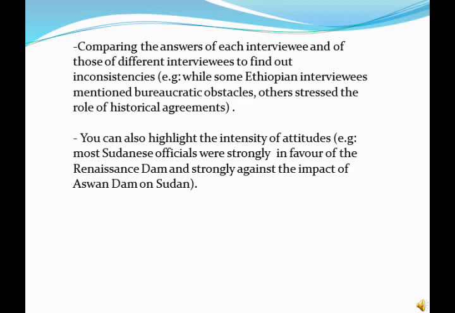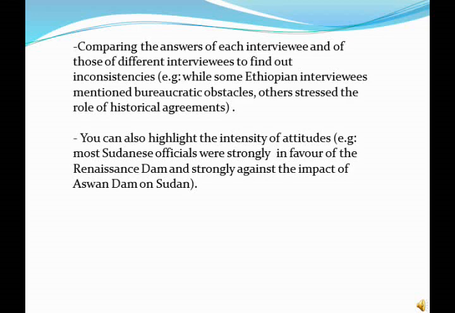So again, if you read my paper, you will find, for instance, that I'm referring to the fact that some Ethiopian officials said that some cooperation initiatives proposed by Egypt were not implemented because of bureaucratic hurdles or obstacles, right? Because bureaucracy takes lots of time and so on and so forth, and that's why the infrastructure development fund, for instance, was not implemented.